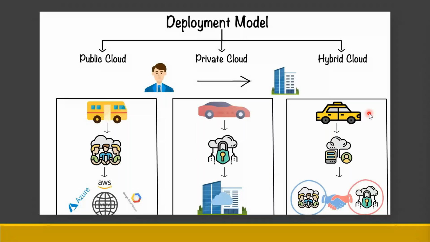It's publicly available, but you are opting for it for a certain period. So it's a combination of both public as well as private. So those are the three types of deployment models that are possible in a cloud computing system.